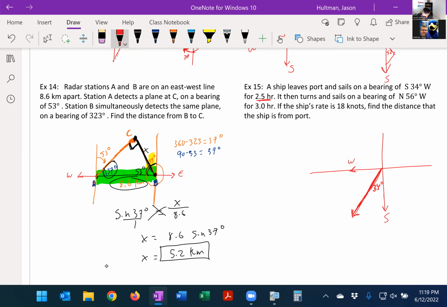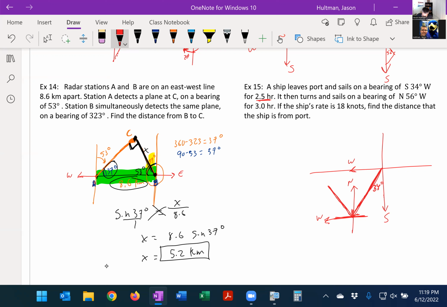If it then turns and sails on a bearing of north 56 west, then from here it turns and goes north 56 west. Again, west is over here, north is over here, and then it turns and goes northwest.